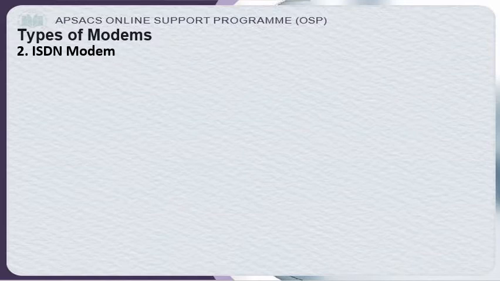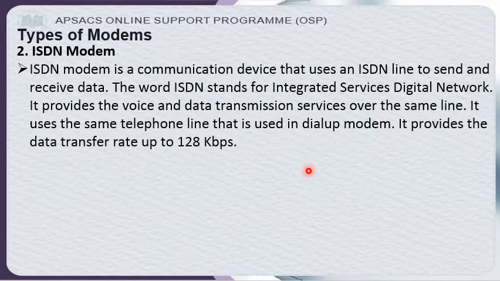Another type of modem is ISDN. An ISDN modem is a communication device that uses an ISDN line to send and receive data. ISDN stands for Integrated Services Digital Network.